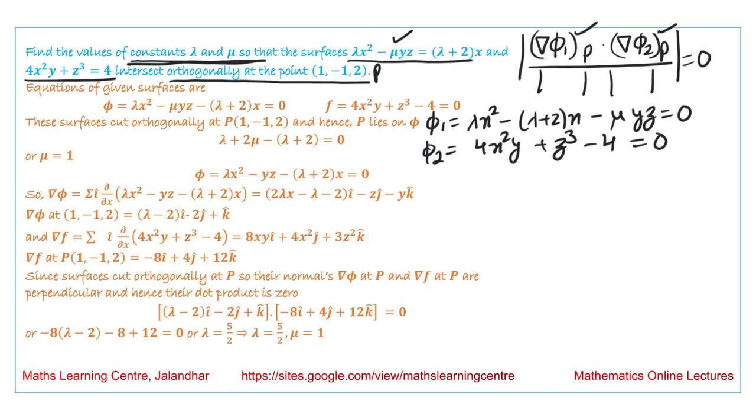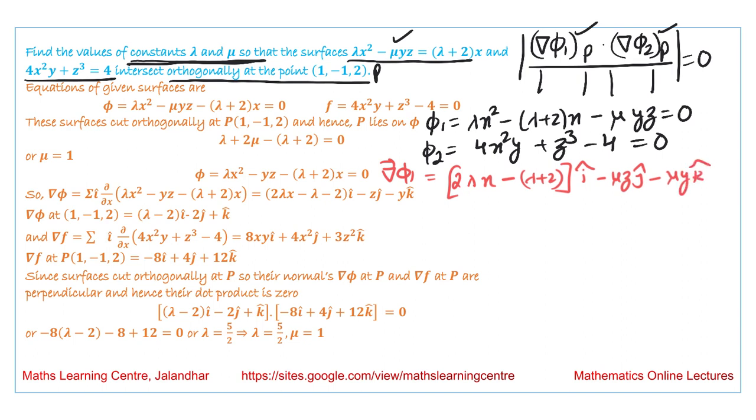So for the gradient of phi 1, we have the value (2 lambda x minus lambda plus 2) i cap minus mu z j cap minus mu y k cap.